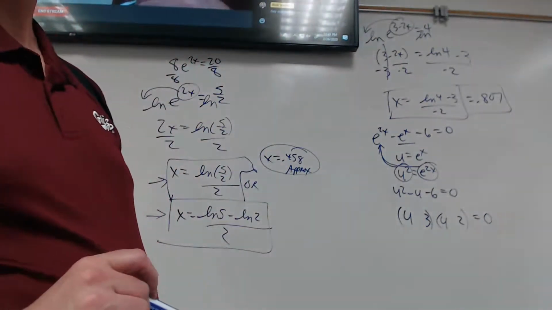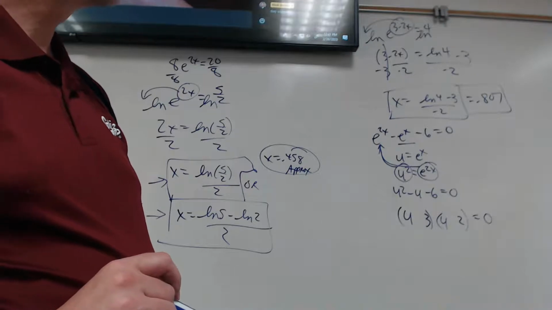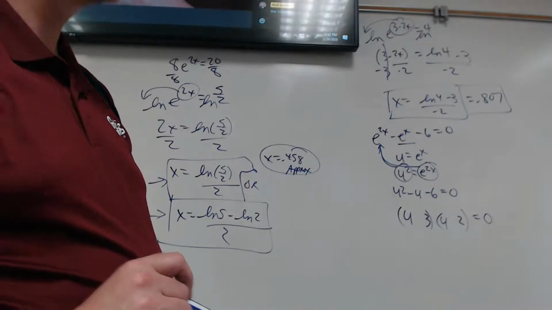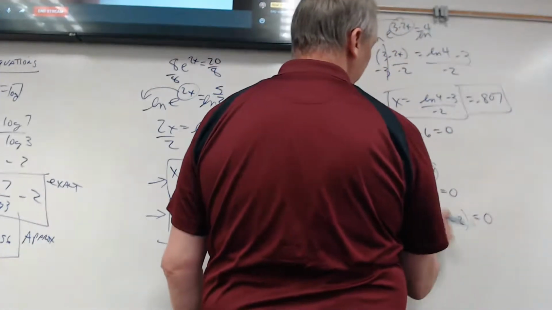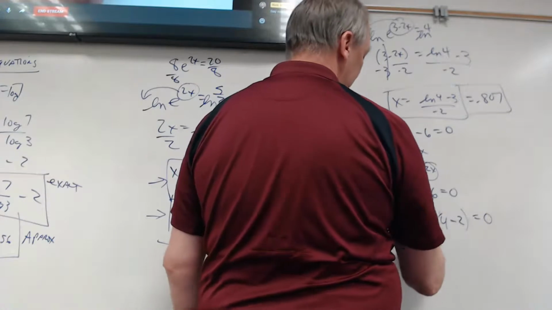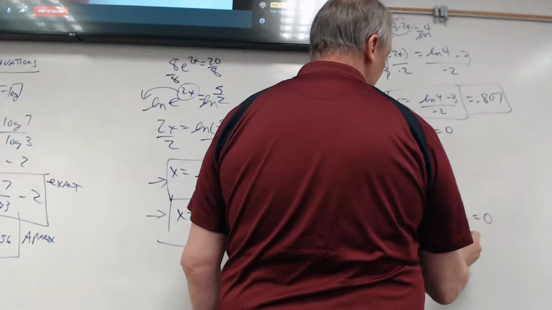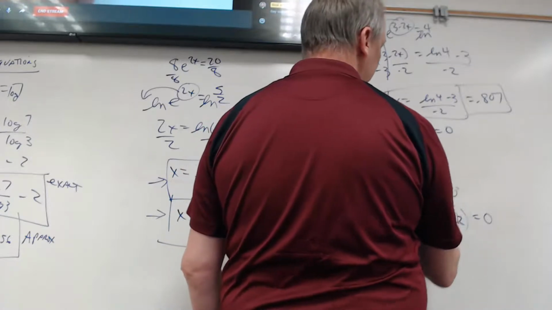Which one's plus, which one's minus? Plus 3. Plus 3 minus 2 gives us a plus 1. So switching: minus 3 plus 2. So minus 3 plus 2 is minus u. Negative times positive is negative.